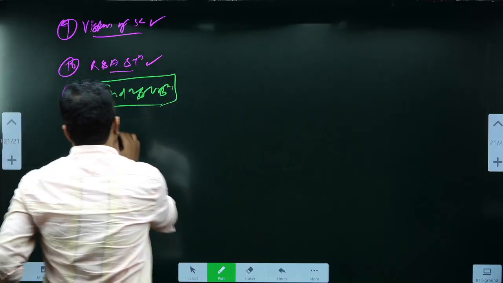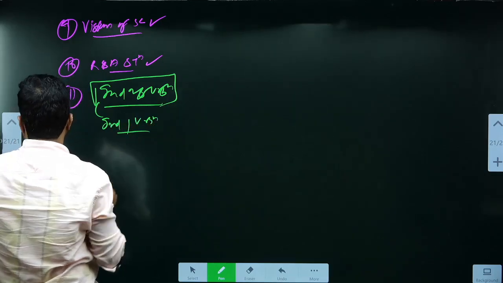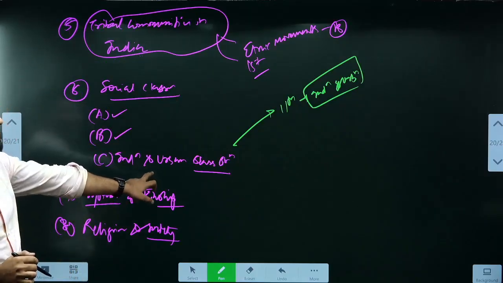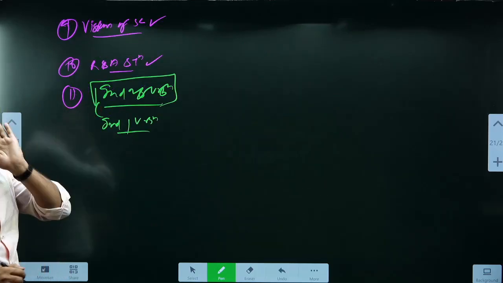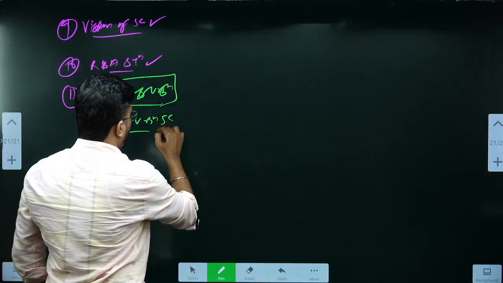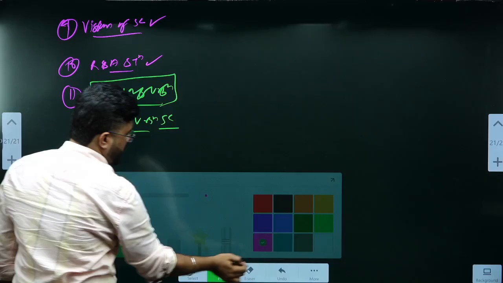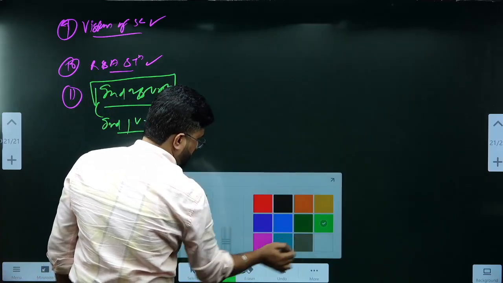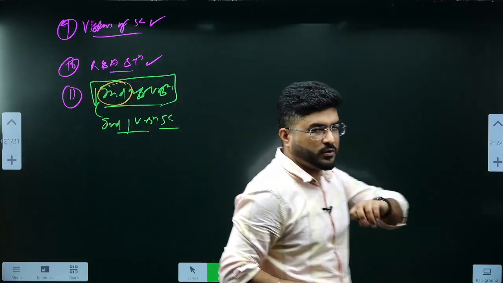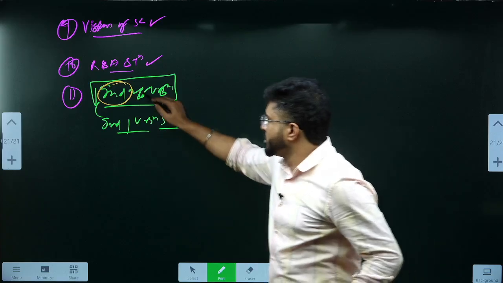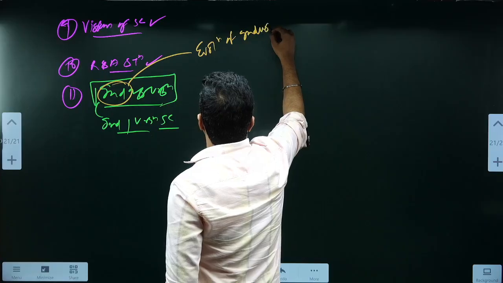Okay, the social classes, or the industrial and urban classes, as I have told you earlier, in the part of chapter 6 we will be covering with chapter 11, industrialization and urbanization. Now listen carefully. When we talk about industrialization and urbanization, in industrialization, what do we tend to focus upon? The evolution of industries in India.